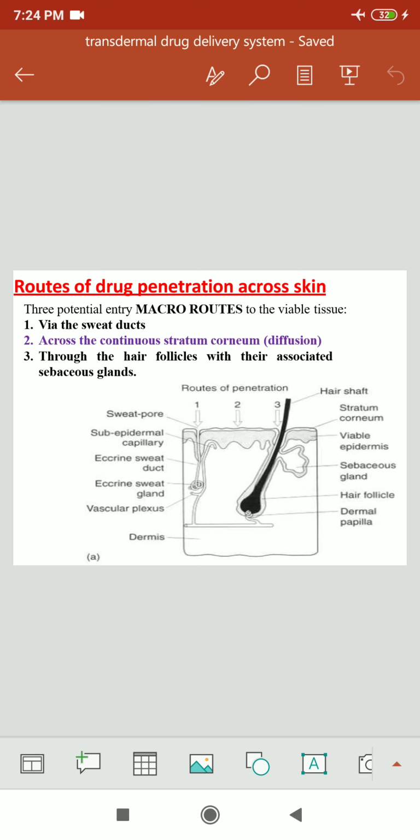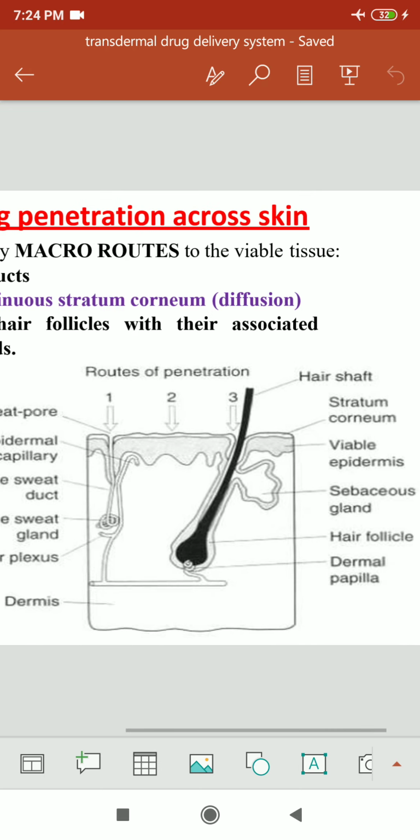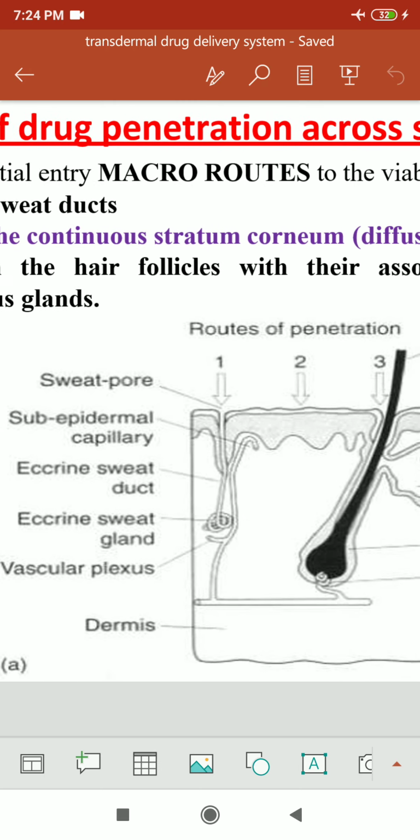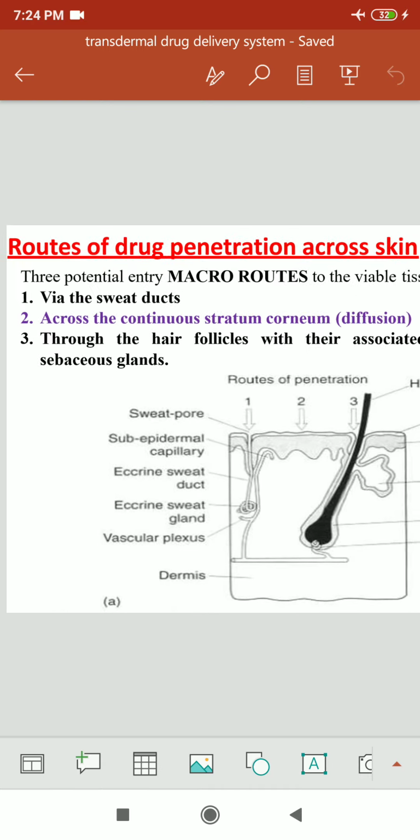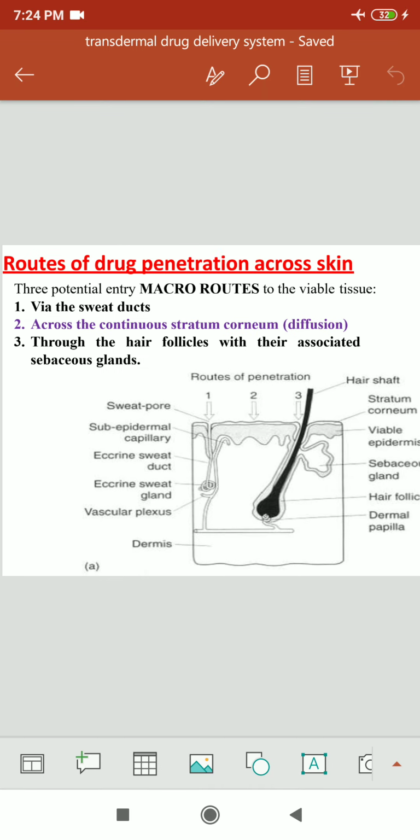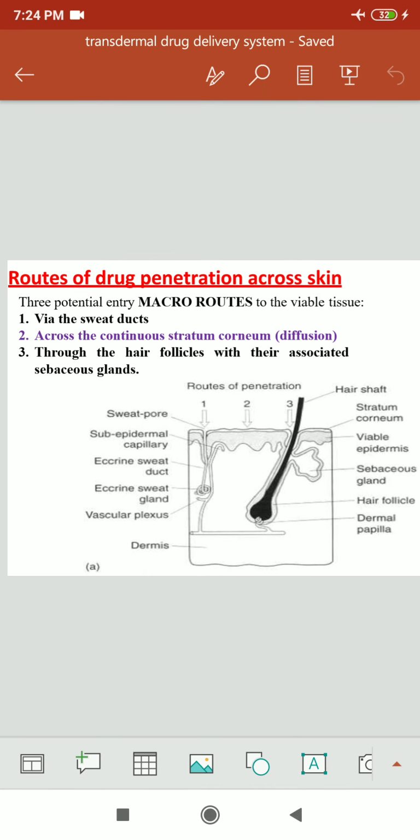Routes of drug penetration across the skin. There are three entry routes into the tissue. First is via the sweat duct, and via the sweat duct the drug particles are introduced into the systemic circulation.